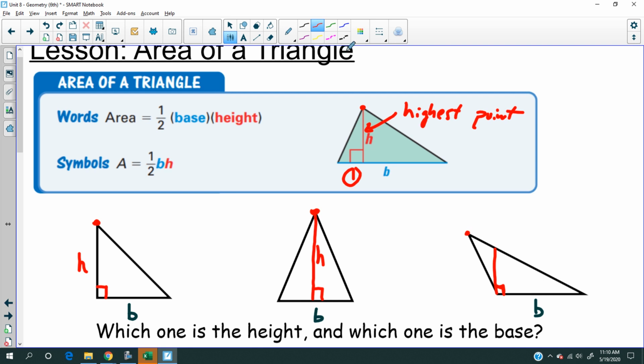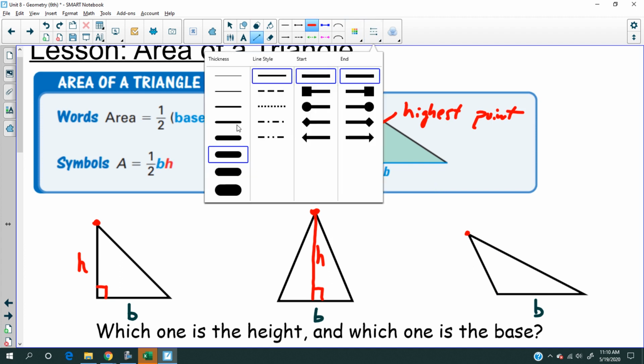It's right here. So now, knowing that's the highest point, I'm going to take a red line and draw this straight down.